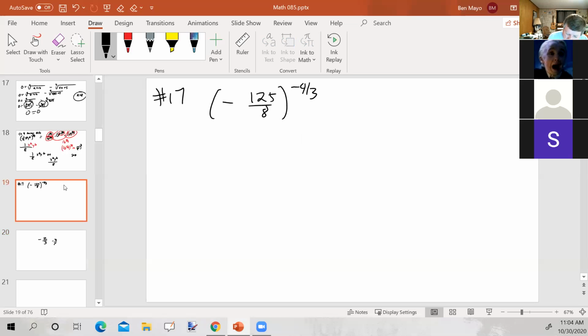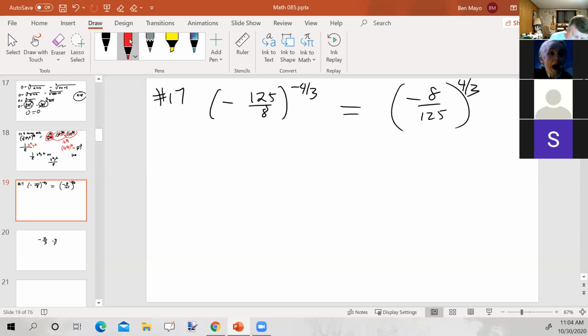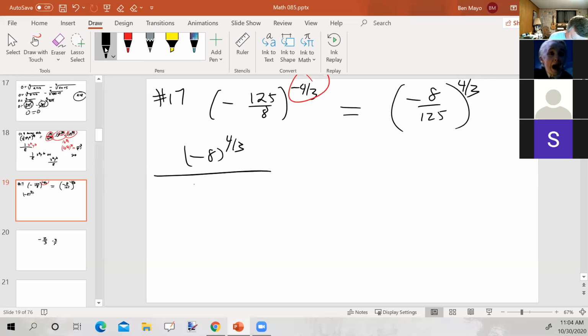Okay. So my point here is the reciprocal of this is going to be negative 8 over 125, but that's going to change the sign of the exponent to a positive 4/3. Okay. But the base is still negative. All right. In fact, I'm going to leave that negative sign attached to the 8 eventually here. So I'm going to have negative 8 to the 4/3 power over 125 to the 4/3 power.